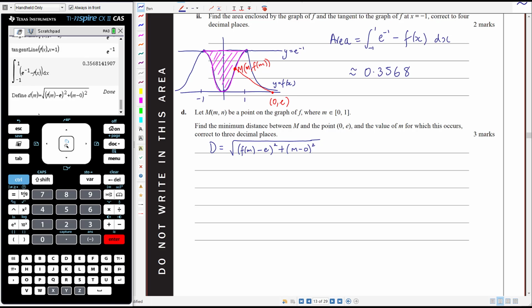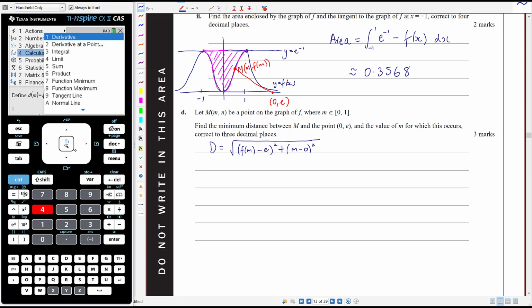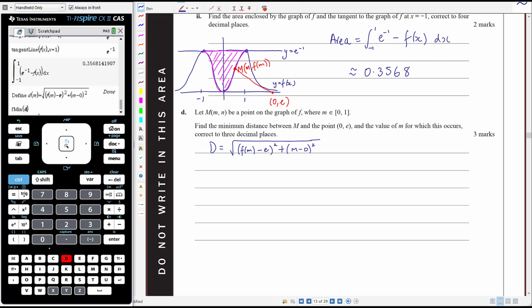Okay, and then we want to find the minimum distance. So we want to find the minimum value of that function where m is somewhere between 0 and 1. So again, my CAS can just do that for me by doing function minimum. Okay, so we can do menu 7, function minimum of d of m, comma m, and then outside here we'll need that restriction, given that m is somewhere between 0 and 1 inclusive.